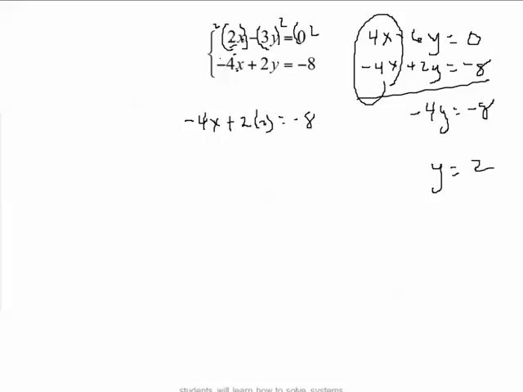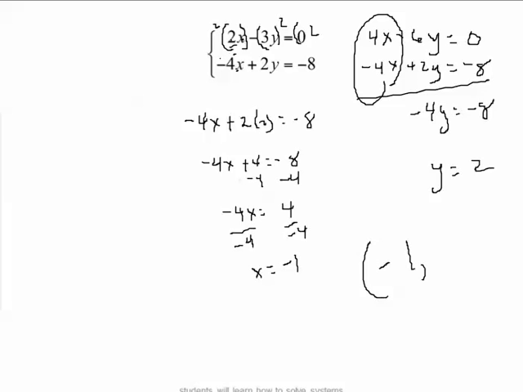Well, 2 times 2 is 4, so minus 4x plus 4 equals -8. Subtract 4 from both sides, and I wind up getting -4x is equal to 4. Divide by -4 on both sides, and I wind up with x is equal to -1. My point where they intersect is (-1, 2).